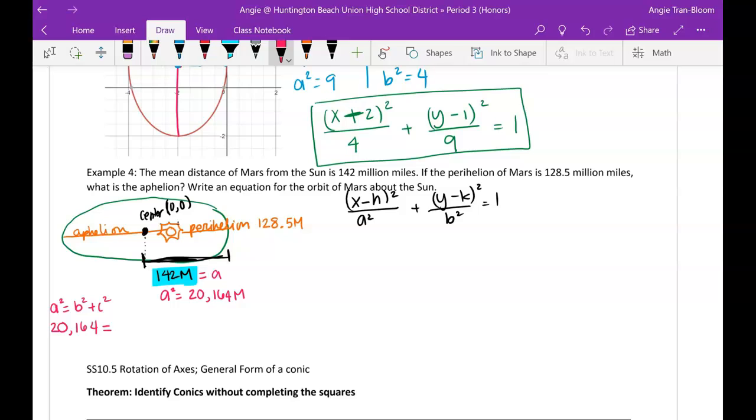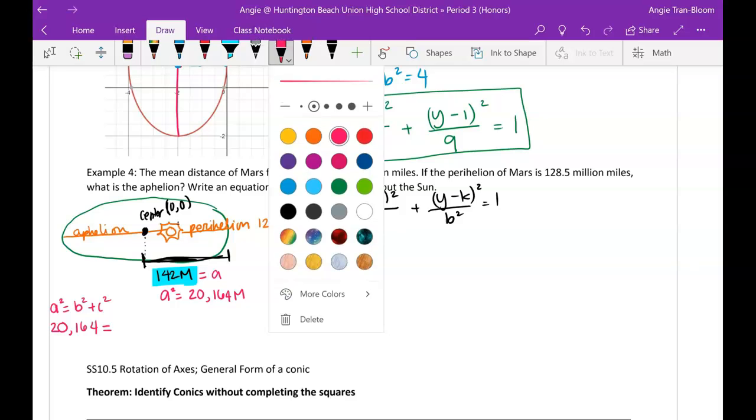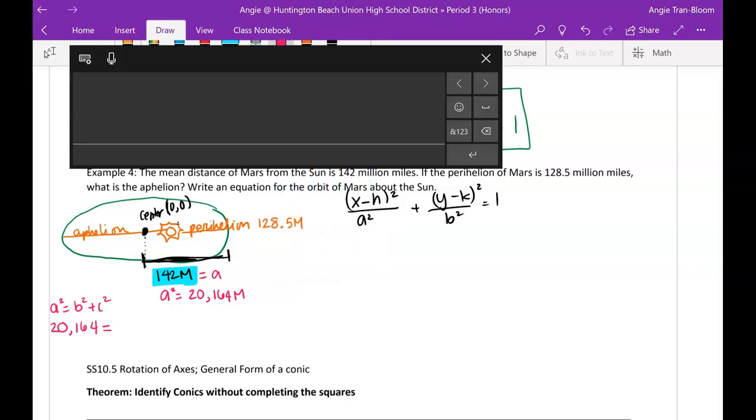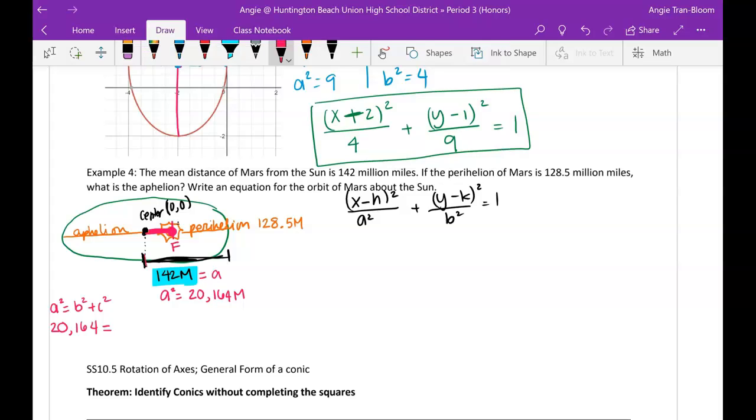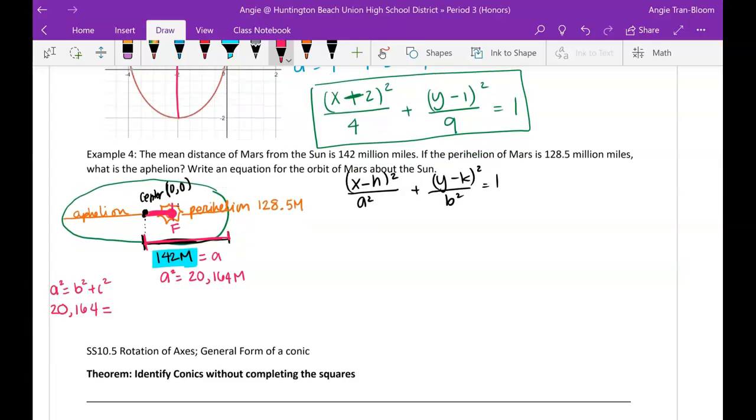I know how to get c. C is the distance from the center to the focus. The sun is one of the foci, and I know the whole mean distance is 142, so I can find c.